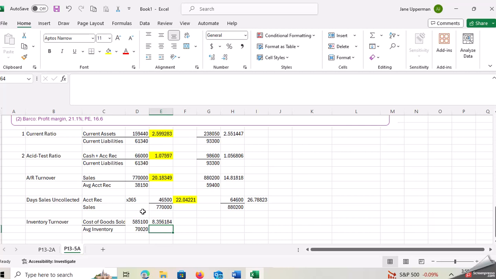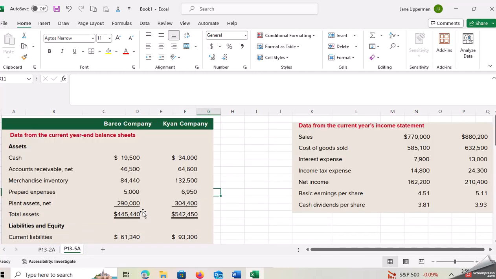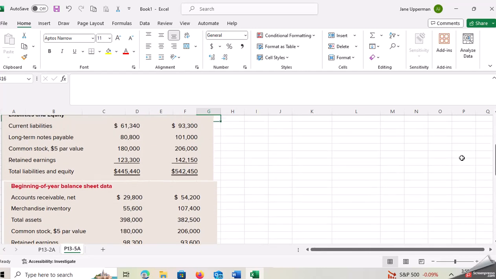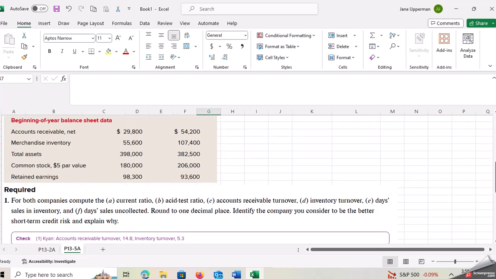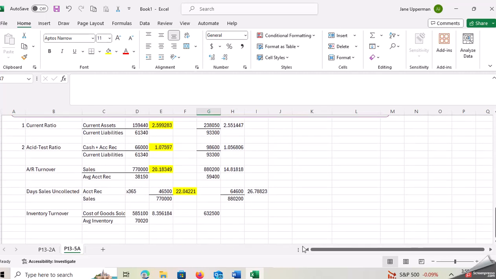Okay, so we'll do the same thing for the other company. We'll go up to cost of goods sold, which is 632,500. And then we'll calculate their average inventory. Their inventory is 132,500 at the end of the year, and 107,400 at the beginning of the year.